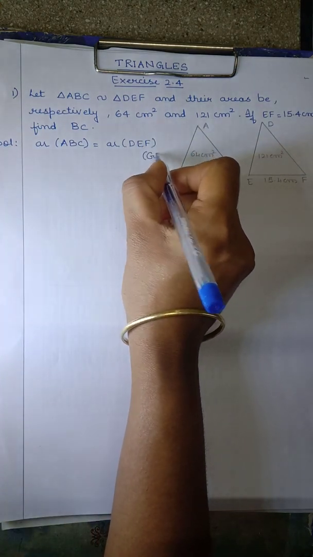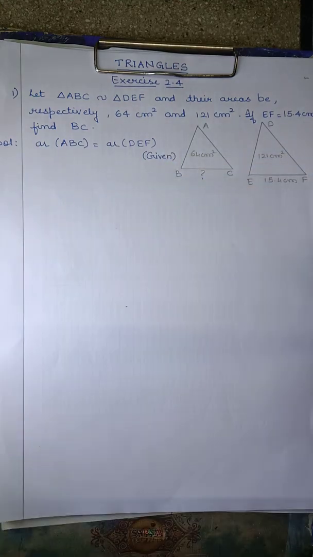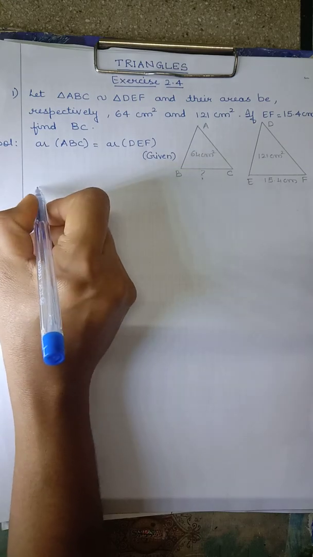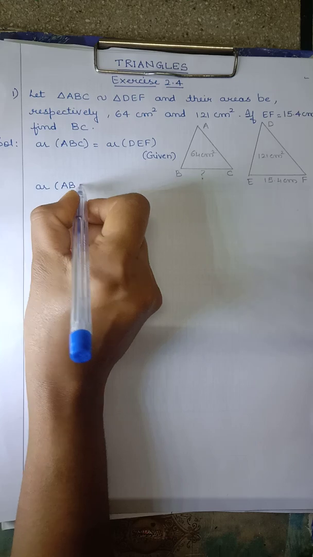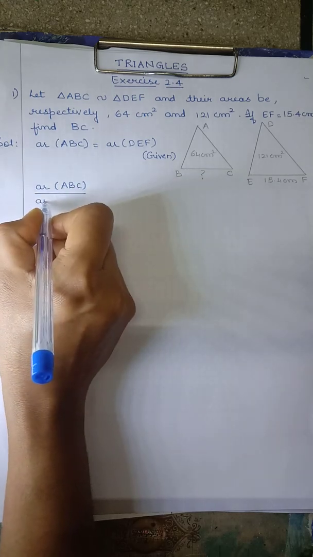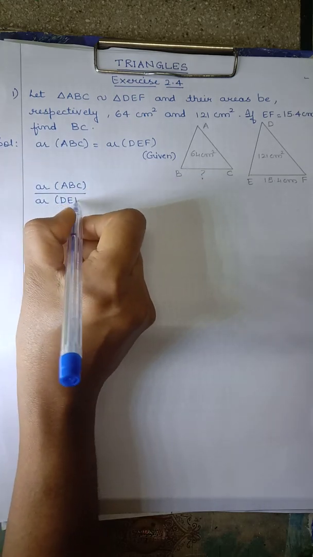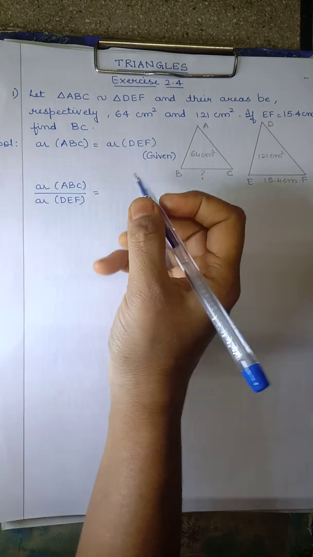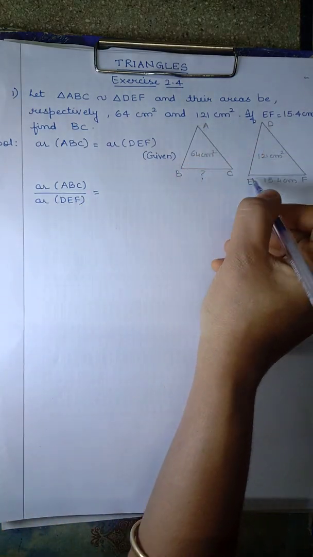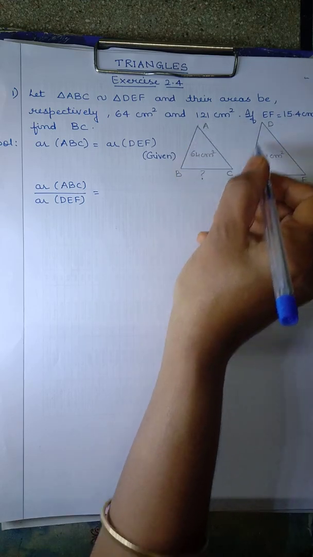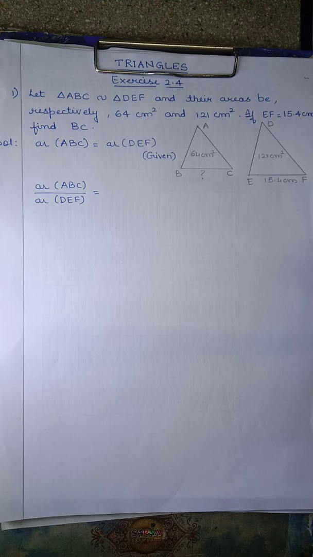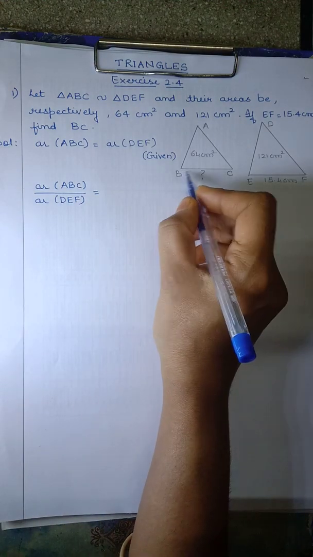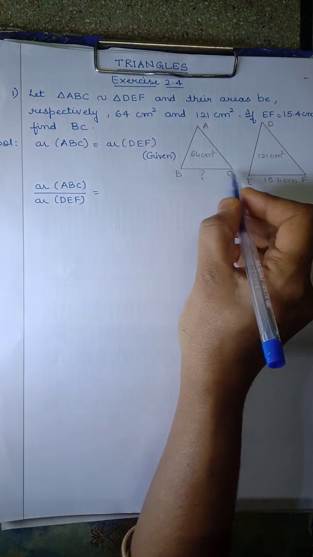Now by the theorem, area of ABC upon area of DEF is equal to AB square by DE square, BC square by EF square, AC square by DF square. Now the ratio of the squares of all the three corresponding sides will be equal, but we need to find BC, so we will take only BC and EF.